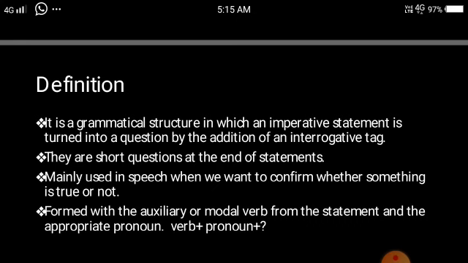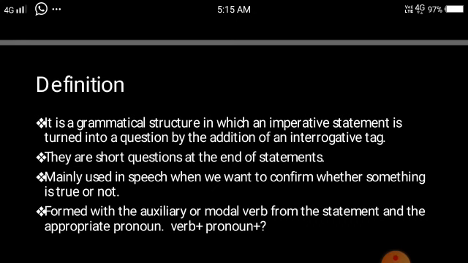Now, we have plenty of time. This is a statement, an imperative statement. Is it clear? We have plenty of time. Haven't we?